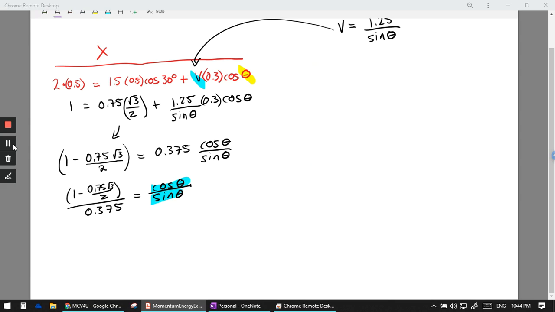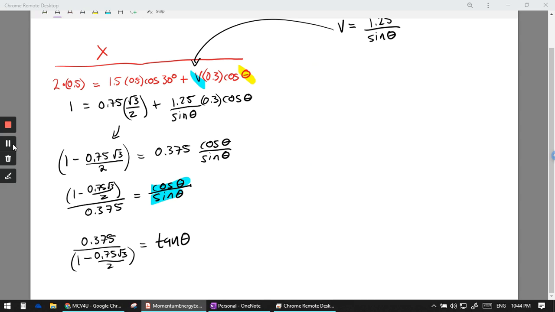So I'm going to reciprocate both sides, and so I'm going to get 0.375 over 1 minus 0.75 root 3 over 2. I just reciprocated this side, which allows me to reciprocate this side, which is sine over cosine. And it turns out sine over cosine is actually equal to tangent of theta.